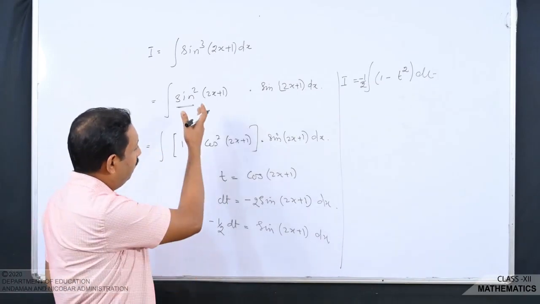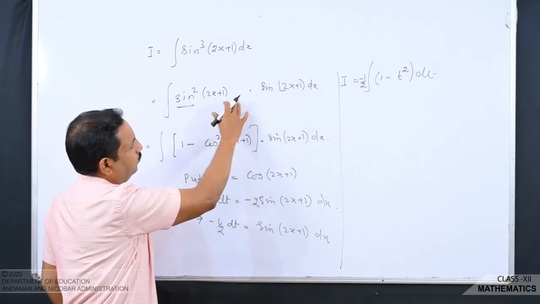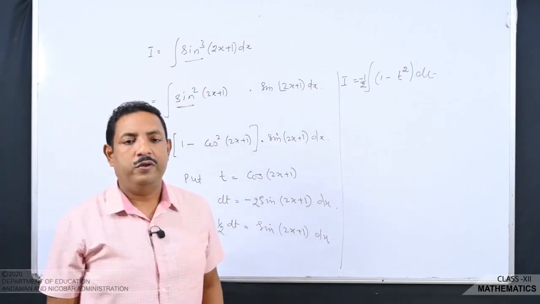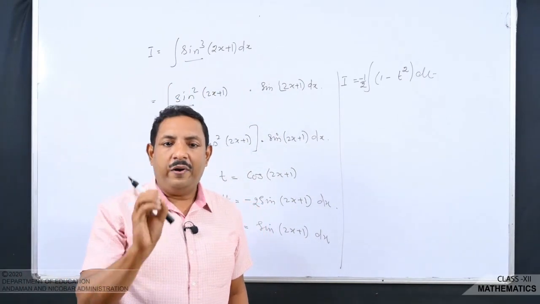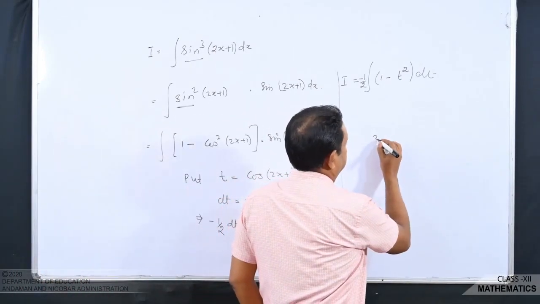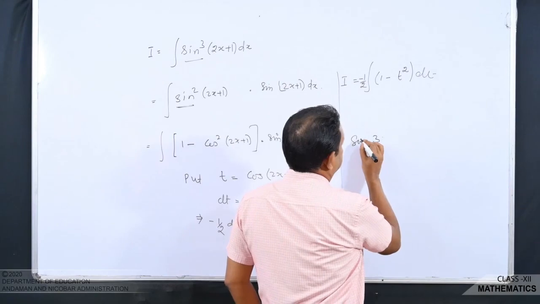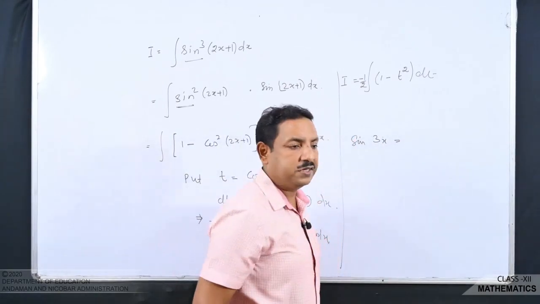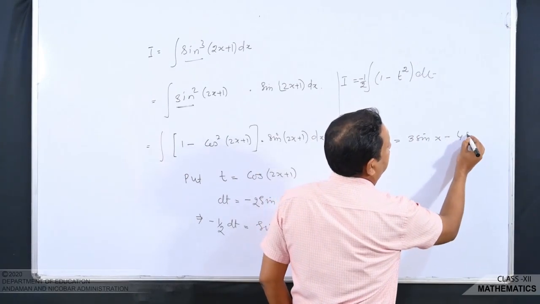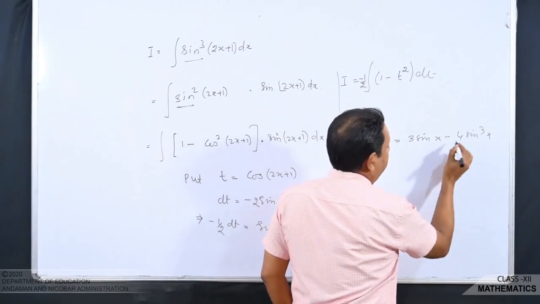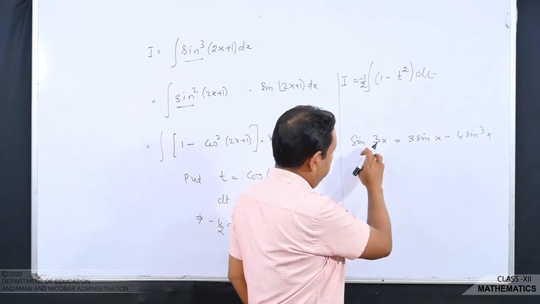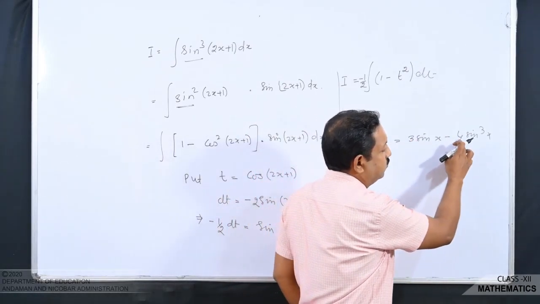Not necessarily by simply sine square 2x, sine (2x plus 1). We can expand this sine cube by the sine 3x formula. Like you have sine 3x equal to 3 sine x minus 4 sine cube x.